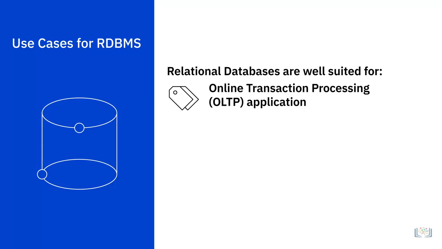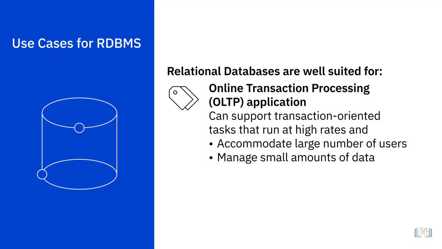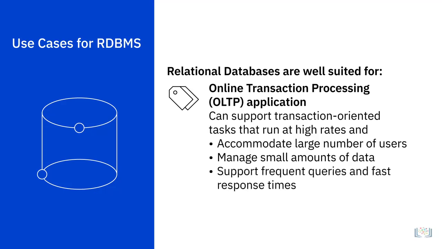Online transaction processing. OLTP applications are focused on transaction-oriented tasks that run at high rates. Relational databases are well suited for OLTP applications because they can accommodate a large number of users. They support the ability to insert, update, or delete small amounts of data. And they also support frequent queries and updates as well as fast response times.